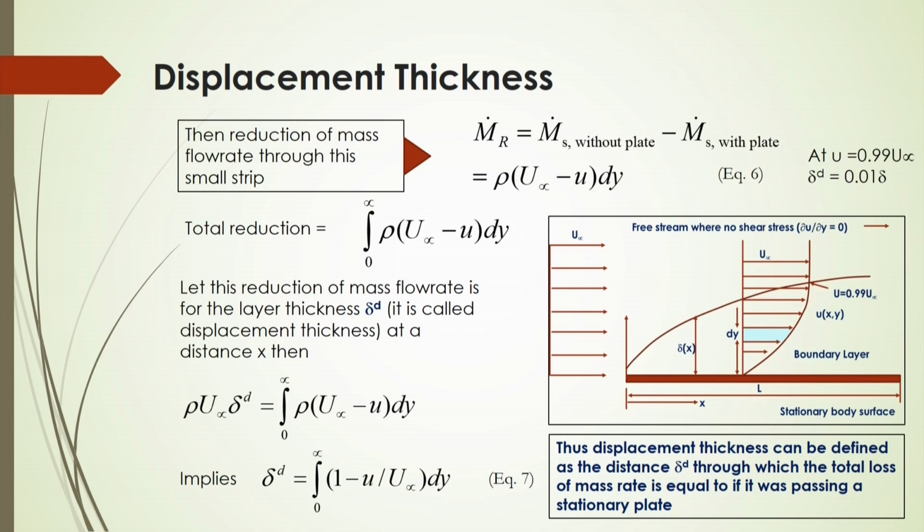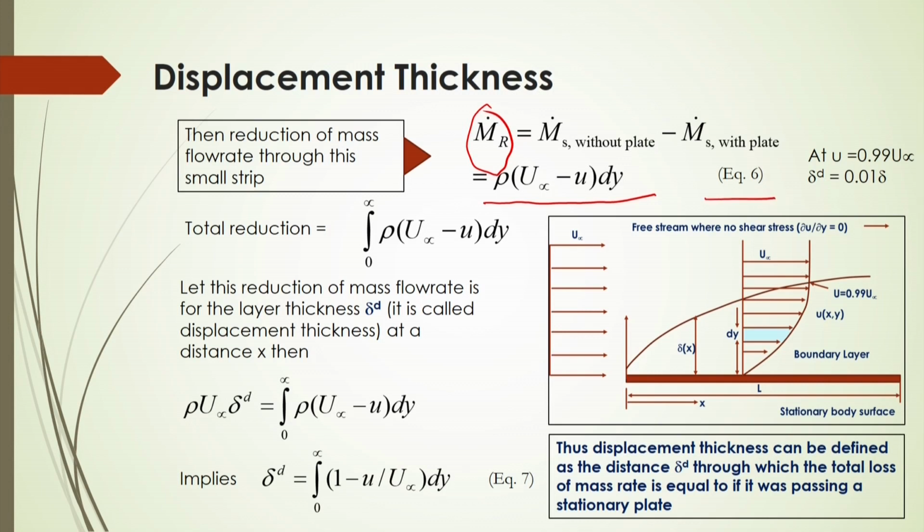That means, if we consider the plate, what will be the mass flow rate, and if we are not considering the plate, what should be the mass flow rate? Just subtracting these, we get the reduction of mass flow rate when we put the solid or stationary body surface in the flow. It will be calculated as m dot r equals rho into u infinity minus u into dy, as shown in equation number 6.